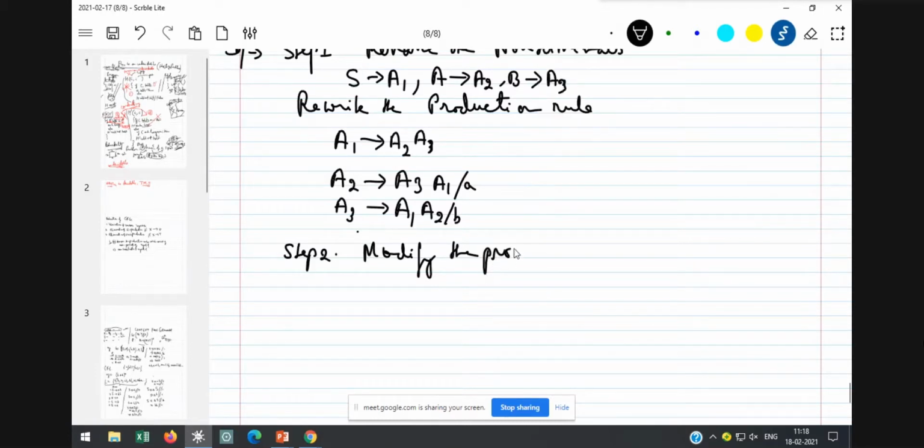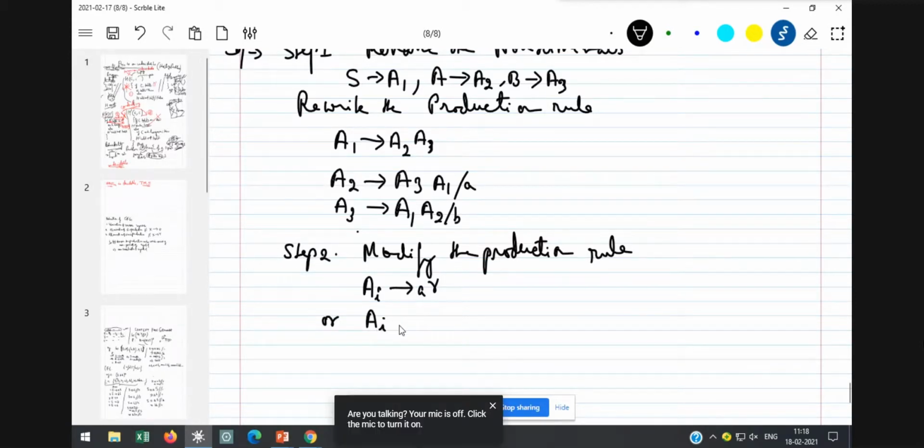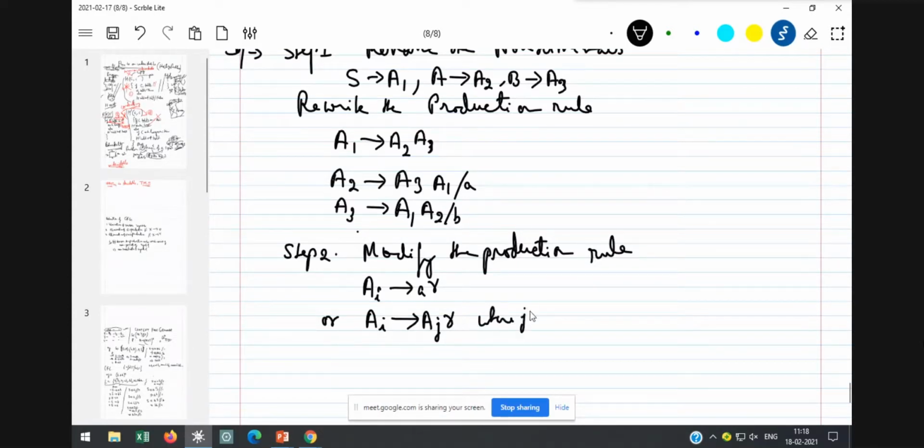Ai goes to Aj gamma, where j should be greater than i, and gamma belongs to this order of non-terminals.